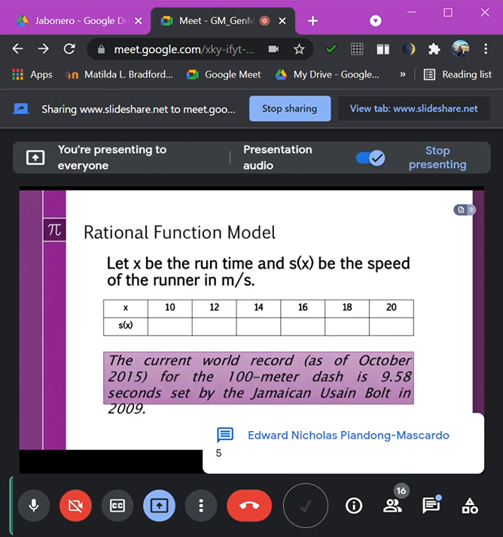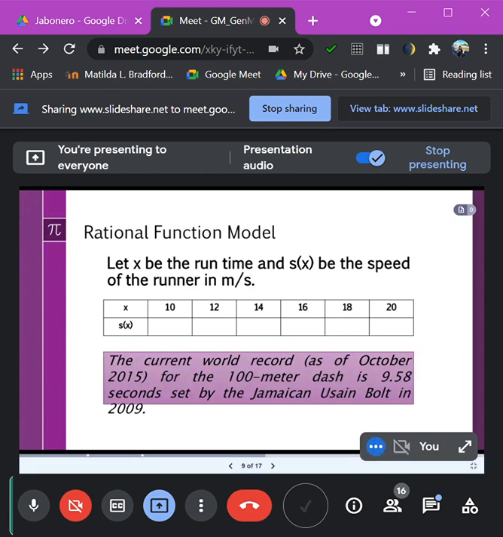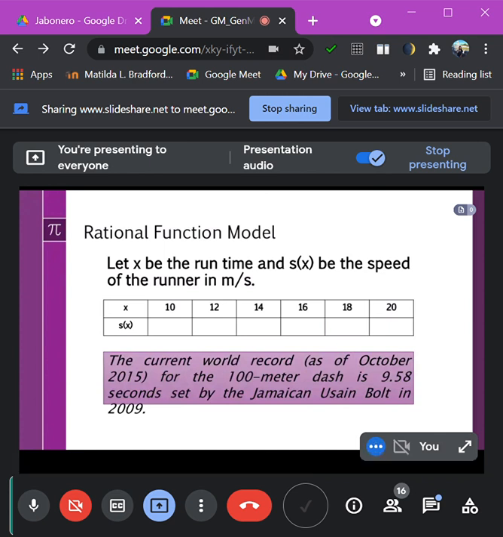Very good. So as you can see, using all of our values of x here, you can definitely get your s of x or your speed, based on the time given and using the fixed distance, which is 100 meters. So now class, all of the values you got could be used as ordered pairs as well, and could be a representation of your rational function.